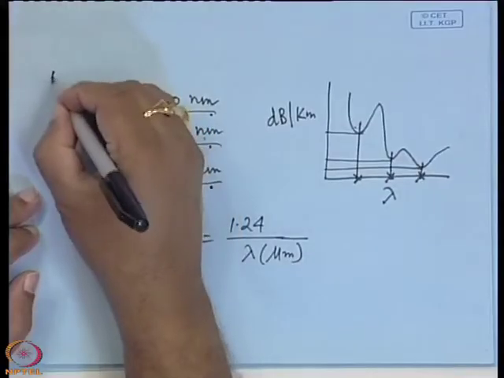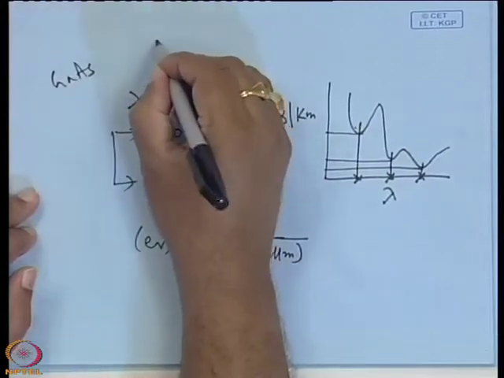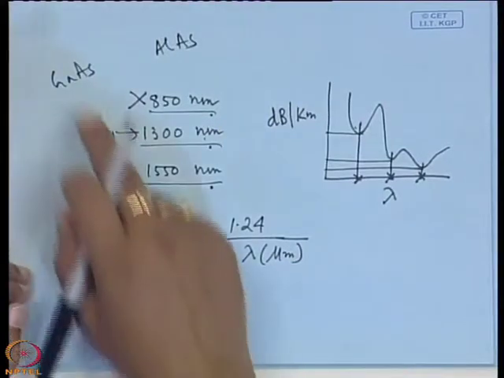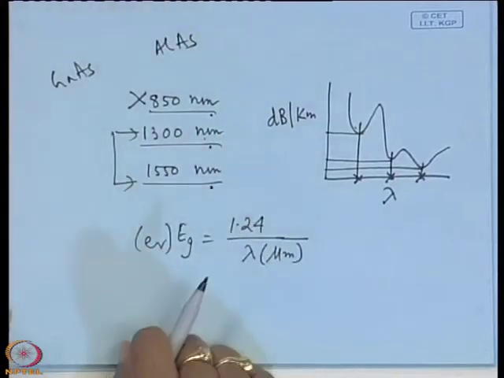Even if you can mix 3-4 semiconductors to form one semiconductor, say if you mix gallium arsenide with aluminum arsenide, gallium aluminum arsenide is formed, but care must be taken that that material must have the same lattice constant as that of the substrate on which you would like to grow the gallium aluminum arsenide.